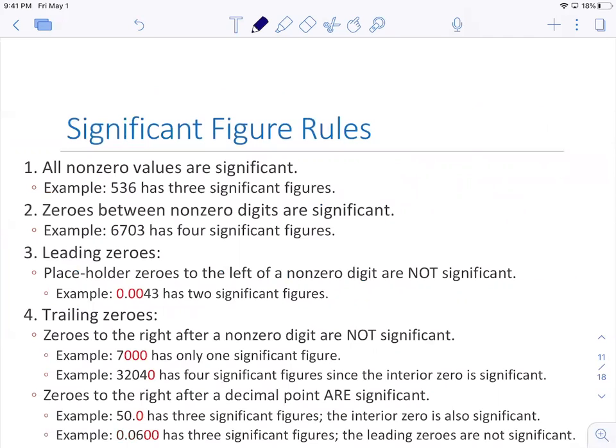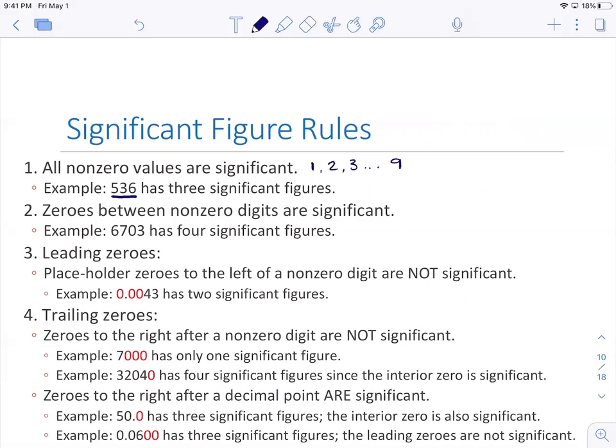Here are some rules. The first one is very straightforward. All non-zero values are significant. 1, 2, 3, all the way up to 9, right? All of those values are significant. So for example, 536 has 3 significant figures. The 5, the 3, and the 6 are all significant.